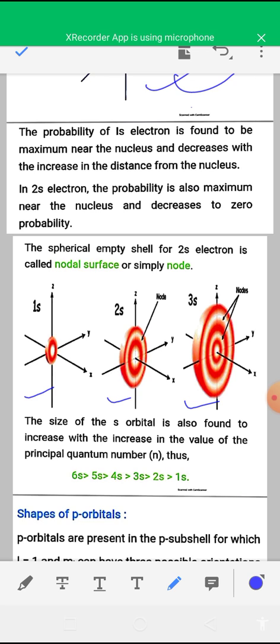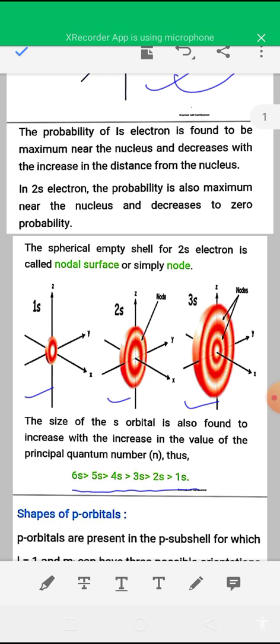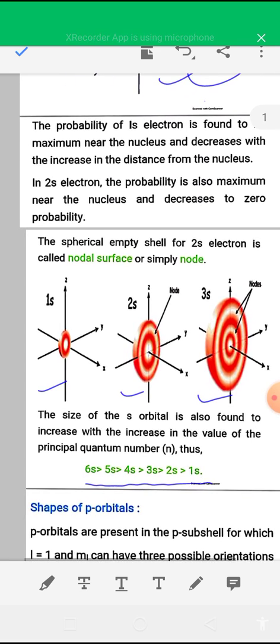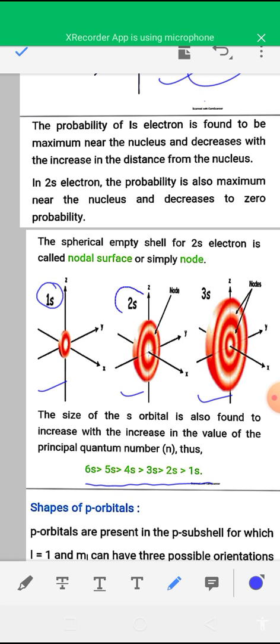The size of the 6s orbital is greater than that of 5s, which is greater than 4s, greater than 3s, greater than 2s, greater than 1s. As the value of the principal quantum number increases, the size of the s orbital also increases.